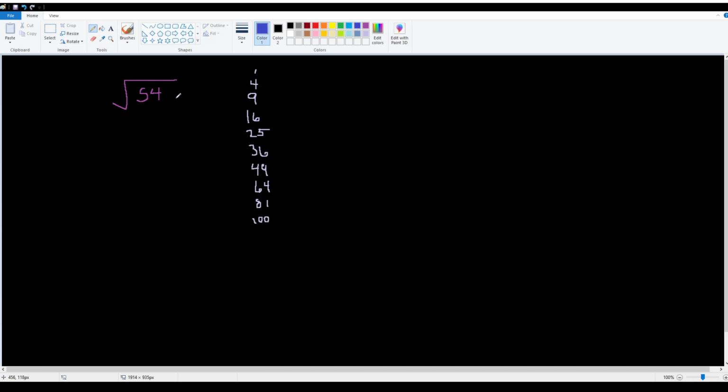So I know that the number 54 obviously is going to fall somewhere right here. So that means I should check every number above 49 to see which one of these is going to be the greatest perfect square. So again, over to the calculator, I do 54 divided by 49. That gives me a decimal, so that's out of the question.